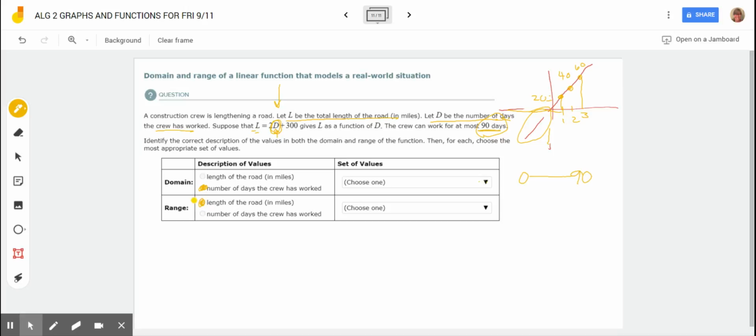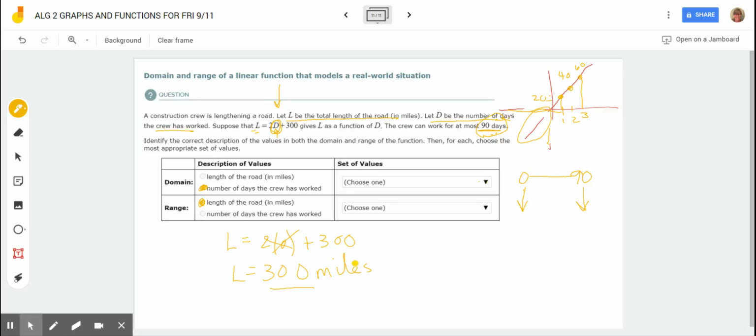The range is the length of road, and they're going to pick that. What would make the most sense? You plug in the highest and the lowest level, because that tells you the output for each. If I plug in a 0, the length of the road is just 300. In other words, they're starting with 300 miles.